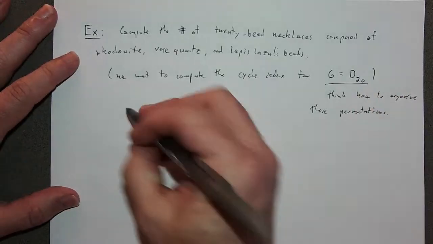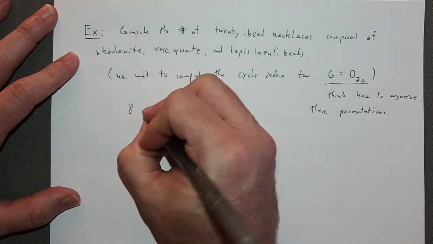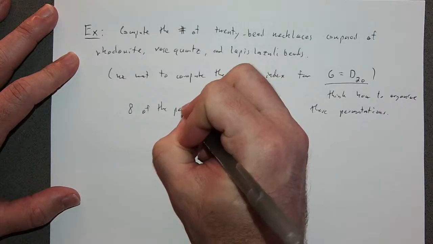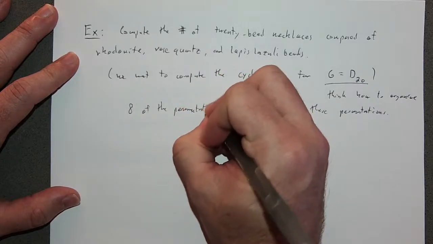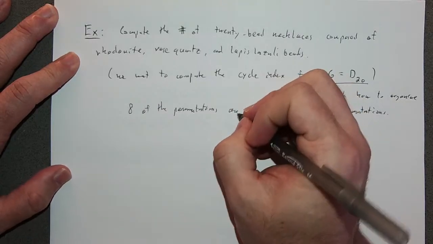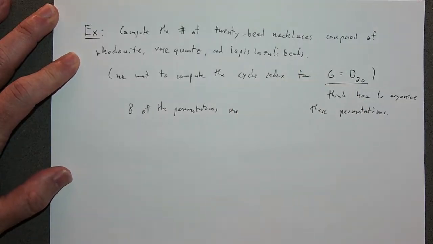So 8 of the permutations are single cycles of length 20.